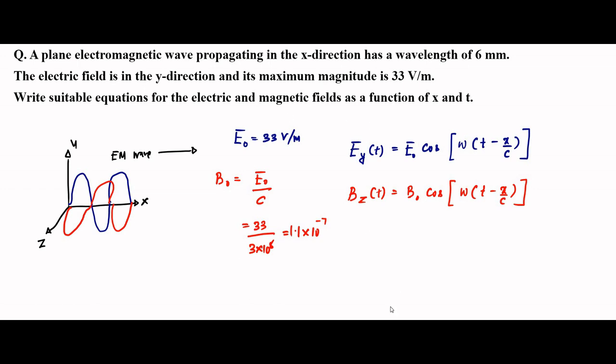Then we have been given the wavelength lambda equal to 6 millimeter, which is 6 into 10 to the power minus 3 meters.